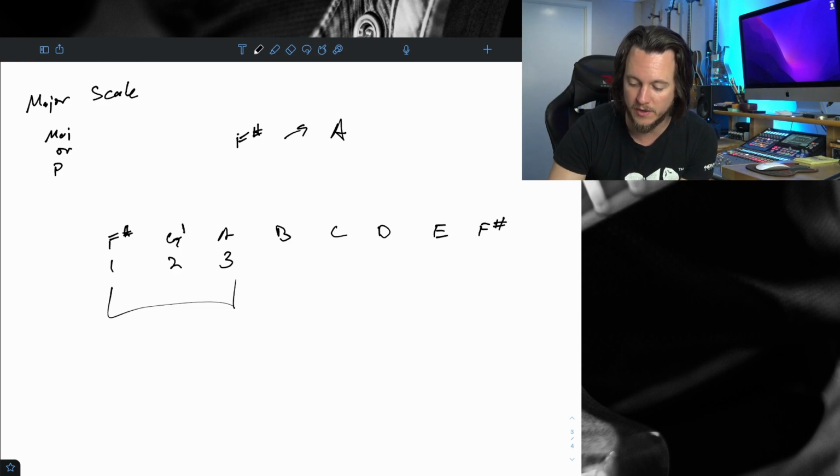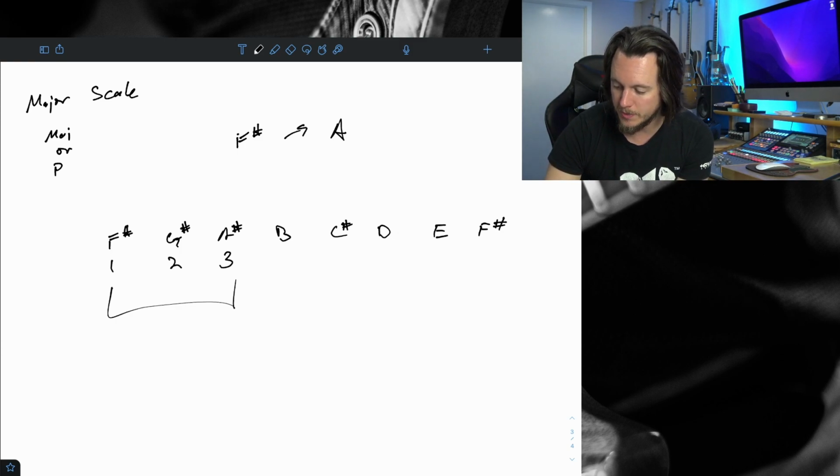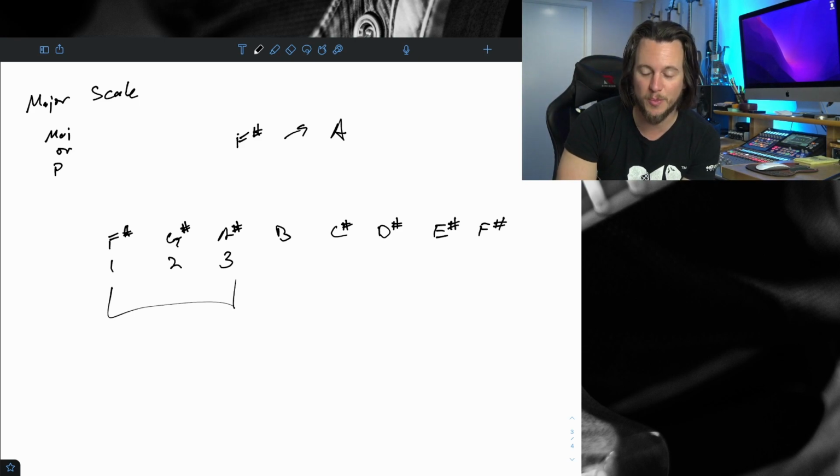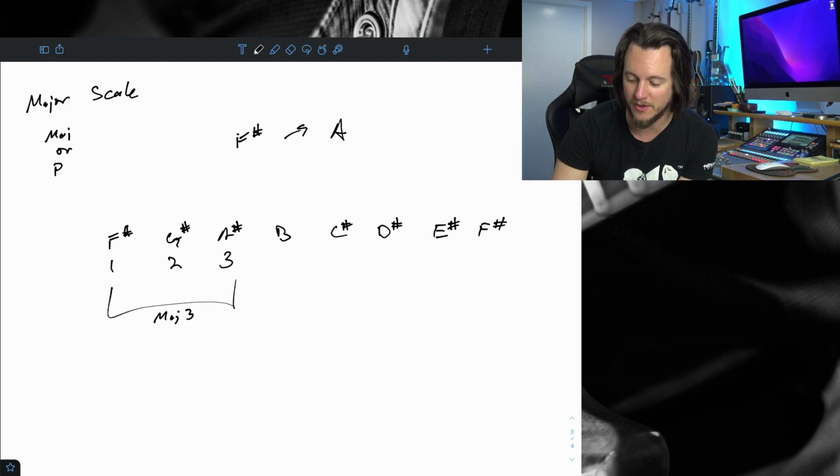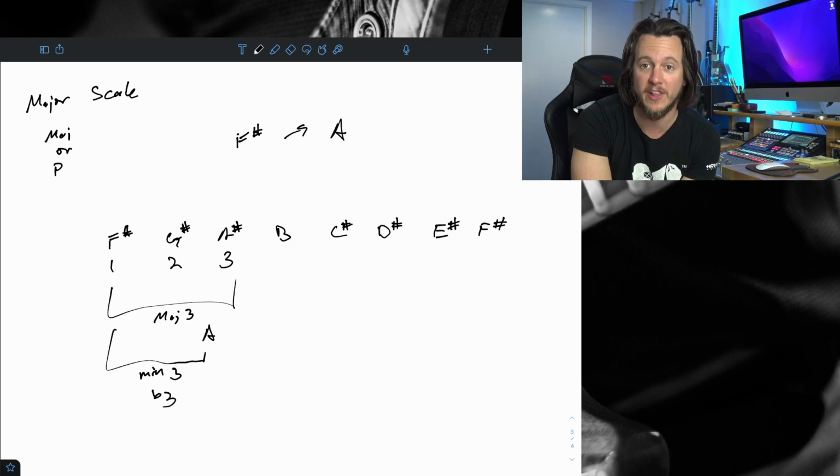F sharp major scale has a G sharp, an A sharp, a C sharp, a D sharp, and then yes, the ever convoluted E sharp note. So F sharp to A sharp is the major third, so because it's A natural, out of our major scale, A is going to make it a what? That's right, a minor third, or of course, number system, we would call it flat 3.